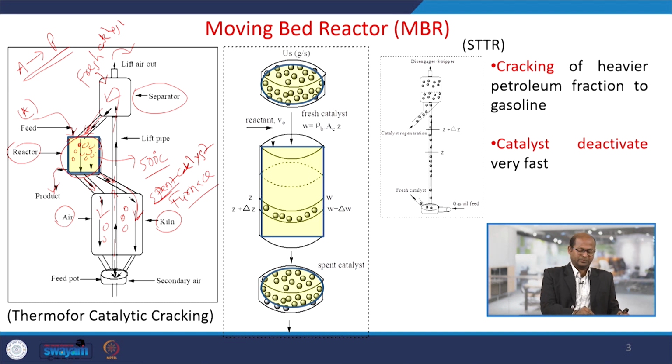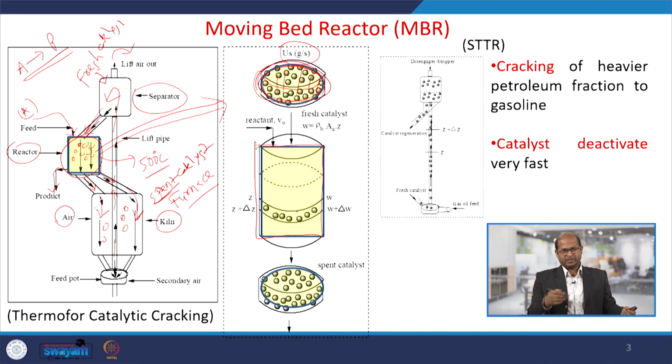Here, if we look into the catalyst or this reactor part, this is the bed of the catalyst. We are not taking small particles, we are taking it in the form of a bed, the catalyst bed. It has a particular movement or velocity. This is the reactor, and it has particular dimensions, x and y, or diameter if it is spherical or cylindrical.